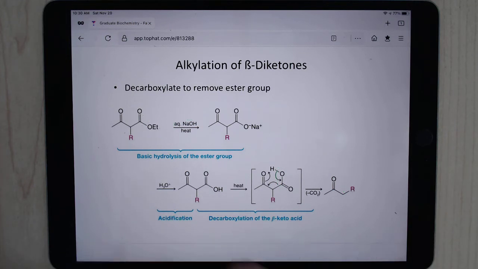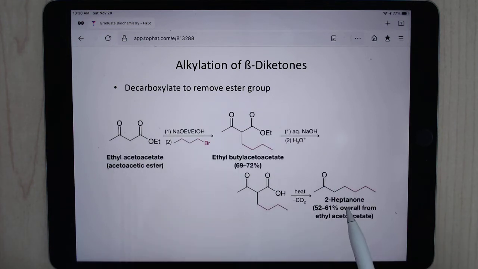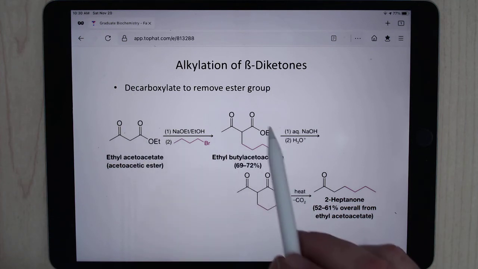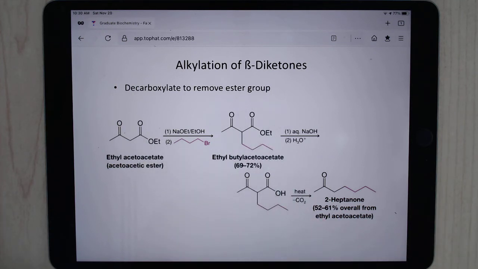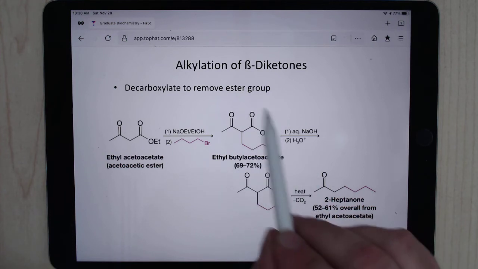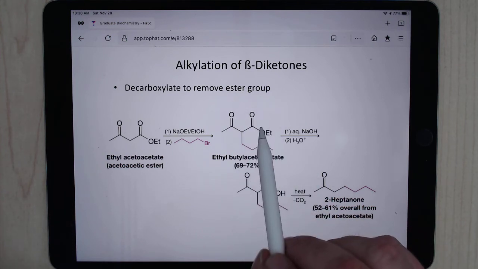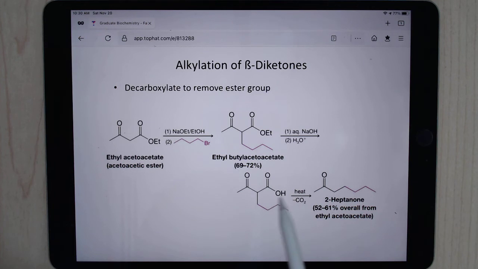Okay. And so if you did this same reaction, right, came in here, put this group on, you got to here and you said, okay, we have what we need, let's get rid of this. You put in sodium hydroxide and turn it into here, put in acid and heat, and then this gets removed, and so you end up with this chain here. This chain here, let me get this in a different color.